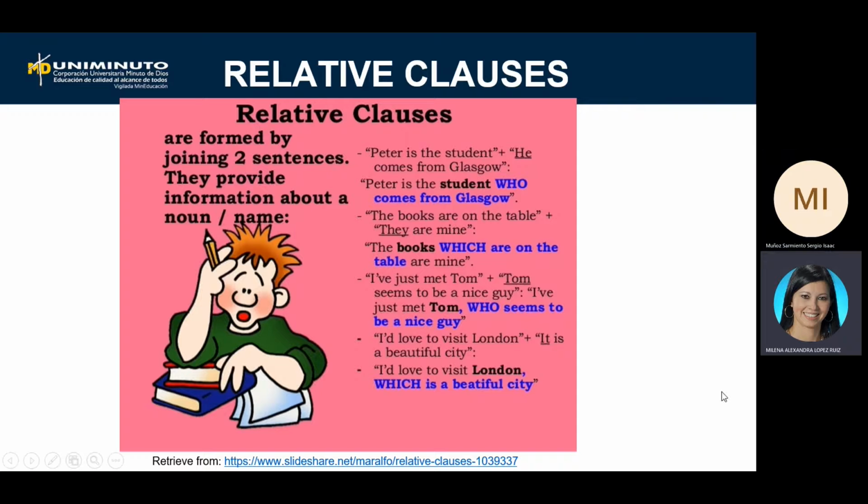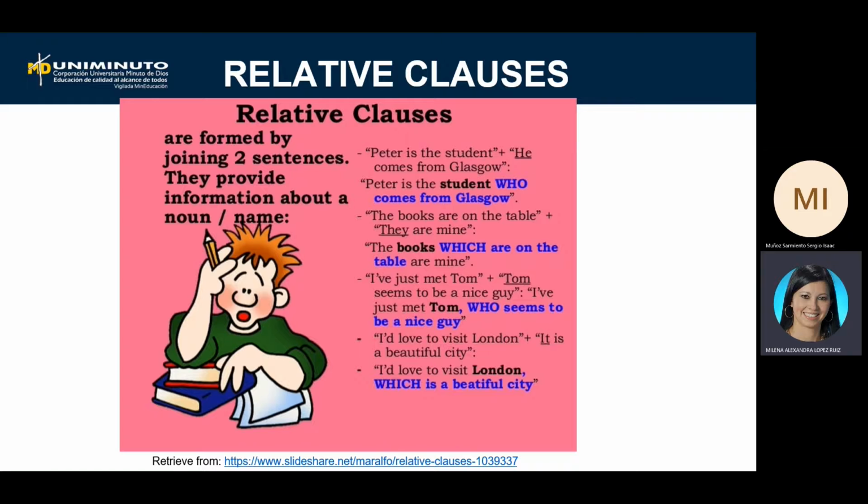So I join the two sentences and I replace Tom with who. That's it. And the last one, Sergio? I'd love to visit London. It is a beautiful city. I'd love to visit London, which is a beautiful city.